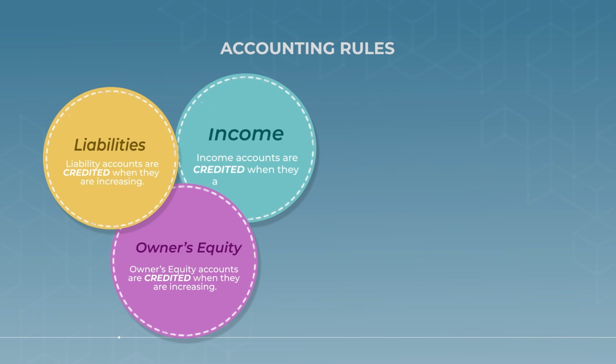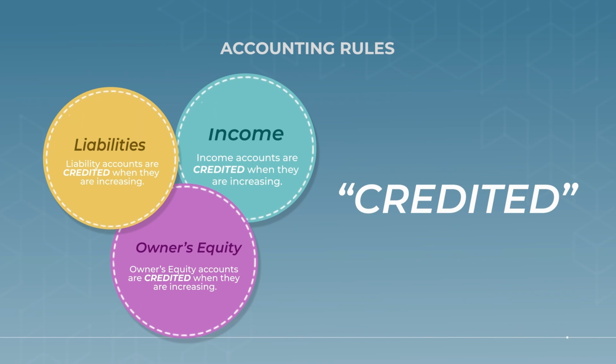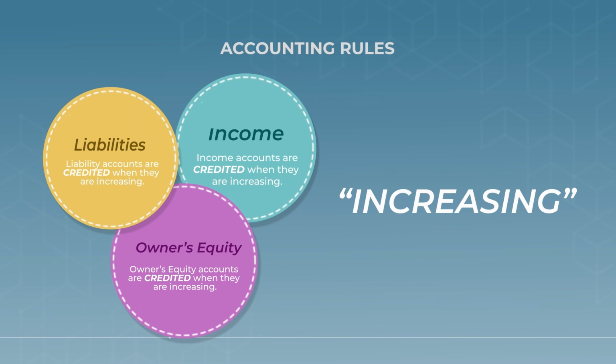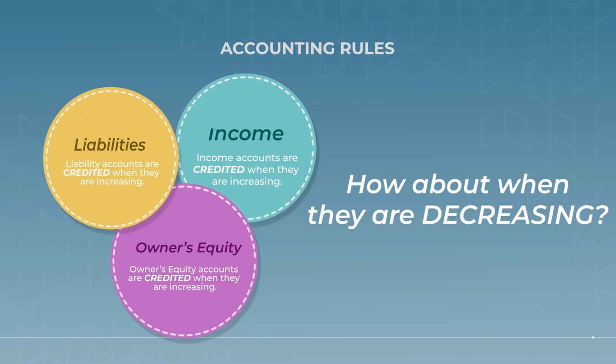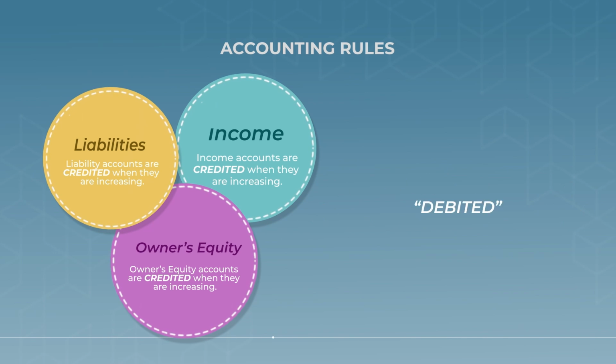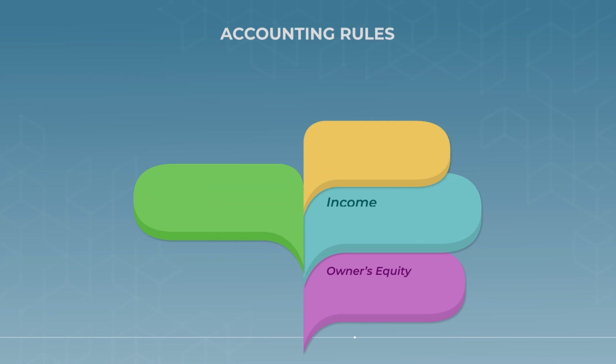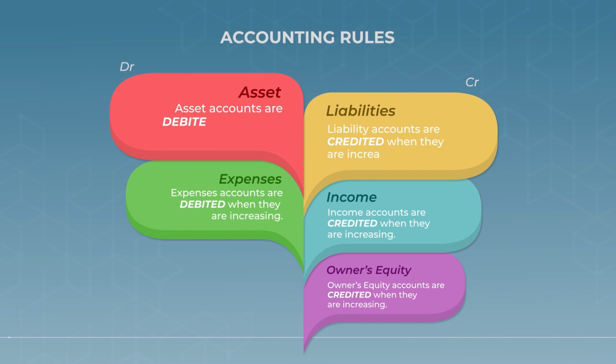These 3 accounts are credited when they are increasing. How about when they are decreasing? When there is a decrease in these 3 accounts, it will be debited. These accounting rules are related to the accounting equation. Later, we'll see how the accounting equation works.